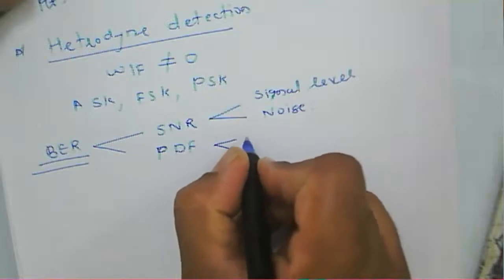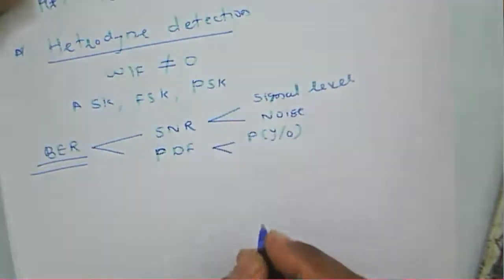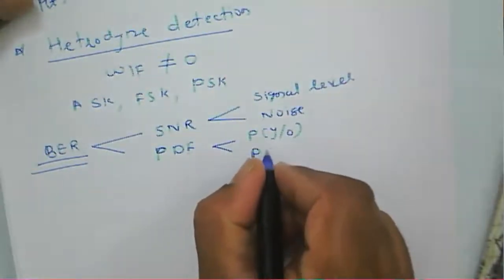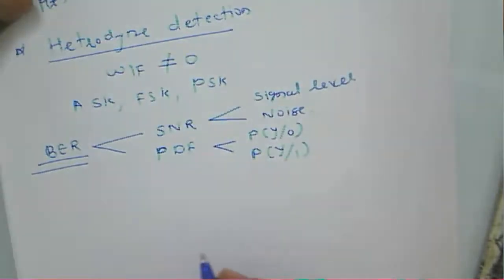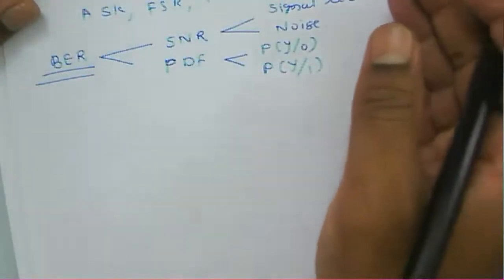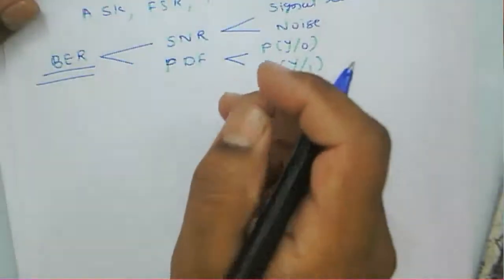We talk about what will be the probability of error when we transmit 0 but we receive a 1 output. What will be the probability when we transmit 1 and we receive 0 there. So that is about a probability. We are expecting the output high or low, and according to that we can talk about the probability density function at the receiver.